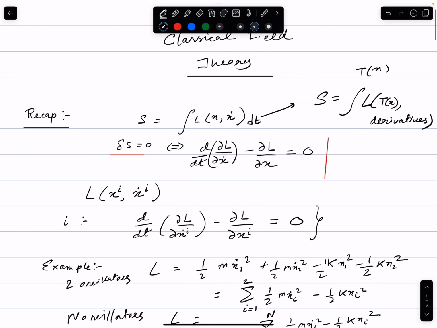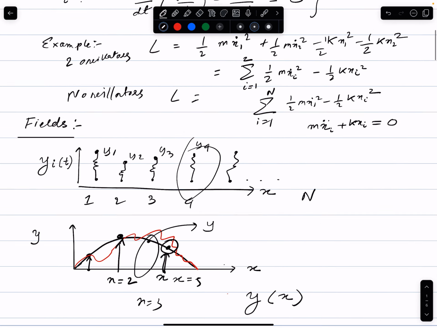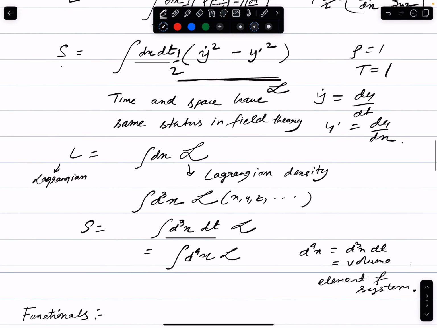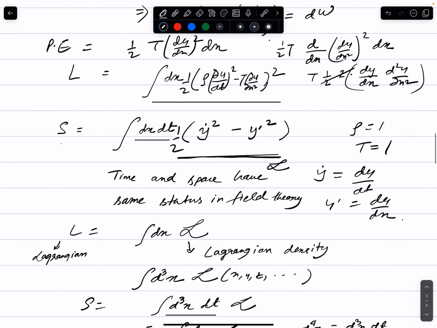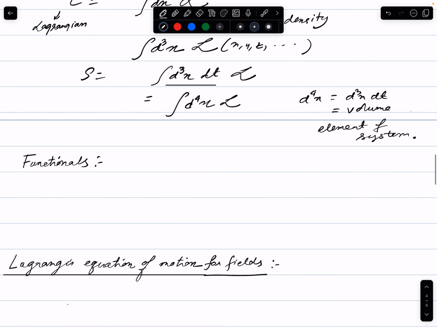We said that the Lagrangian will be a function of the fields and their derivatives. And in this case, it was only the derivatives. The field did not appear, but it was a function of the derivatives of the fields, time derivative and space derivative of the field. So generally, the Lagrangian, or the action, will be L.